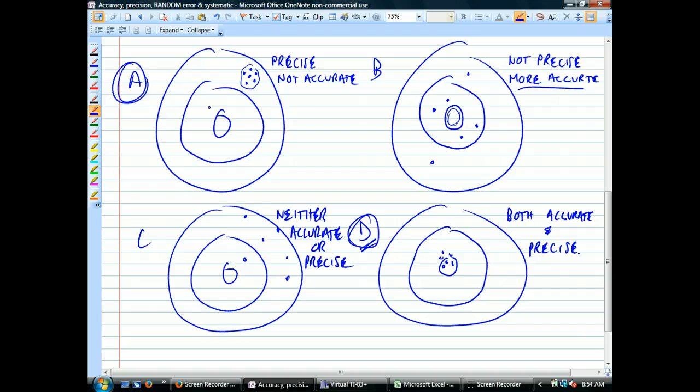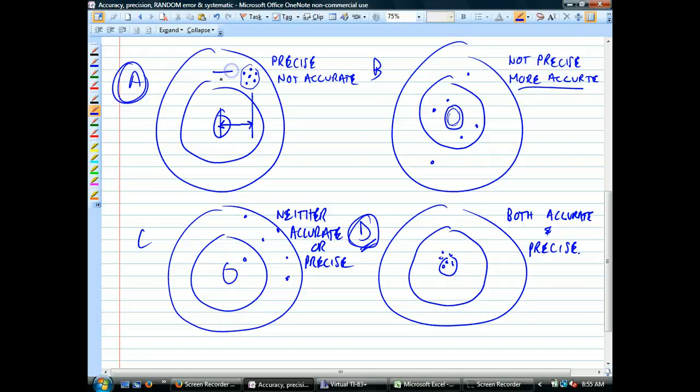The reason is that this person has very careful control over their technique. It looks like their only problem is that they probably need to adjust the sight on their instrument, whether it's a bow or a .22 rifle or whatever it is. Or maybe there's something they're doing wrong every time. If they can correct that, it would bring them right where they want to be.